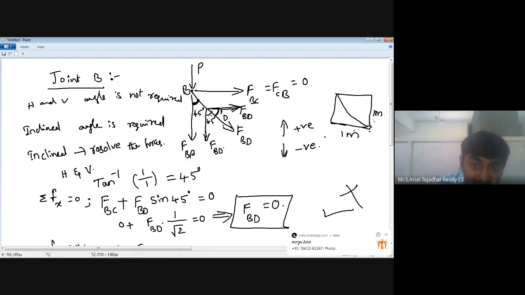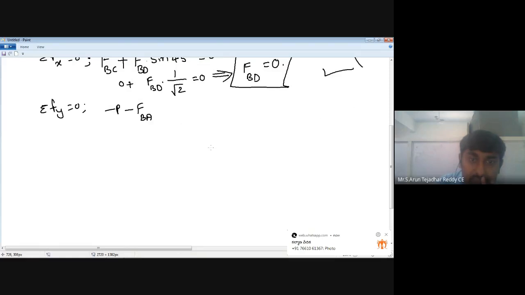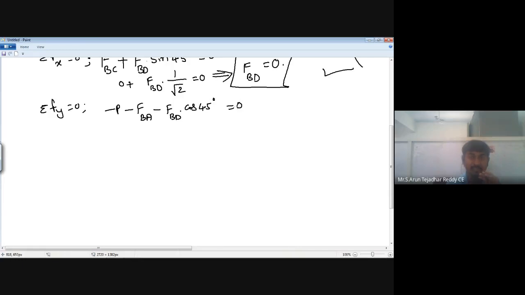So your angle is there, so we are calculating FBD. FBD towards downward direction. So minus FBD cos theta. Theta is here 45 degree. And minus P.